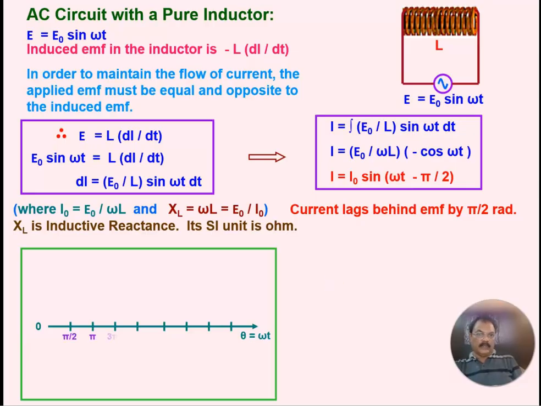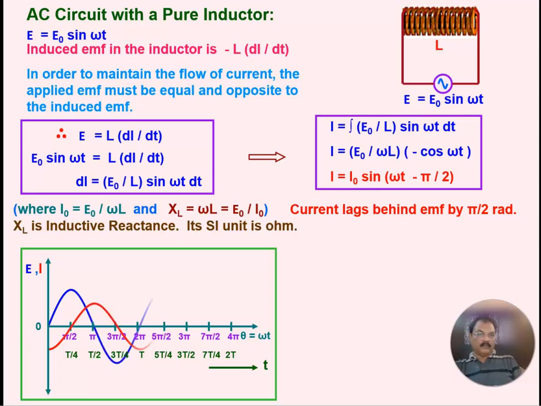This is the input one and the output one. Both together, the input is the blue color and the red one is the current, or EMF, which is produced in the inductor. Once again, you see here what is happening.